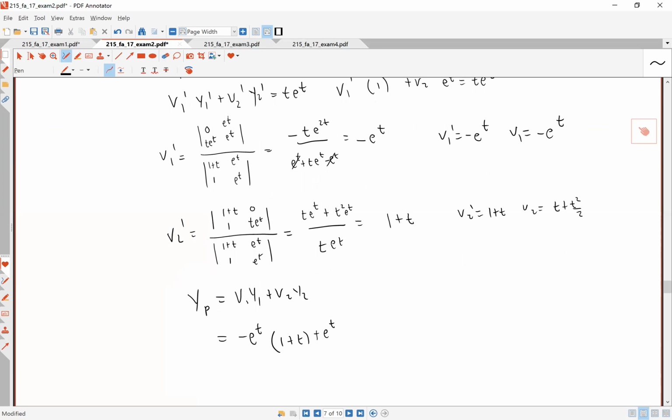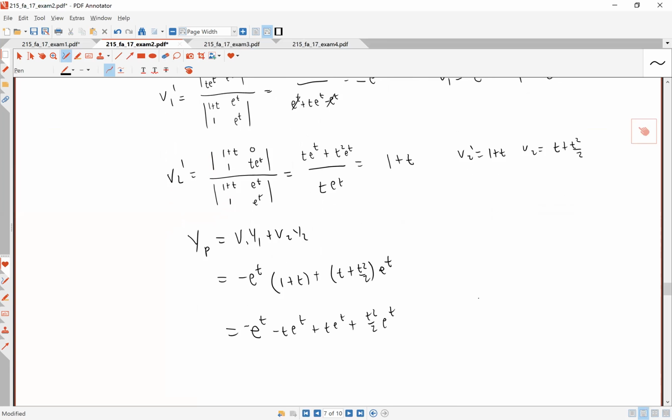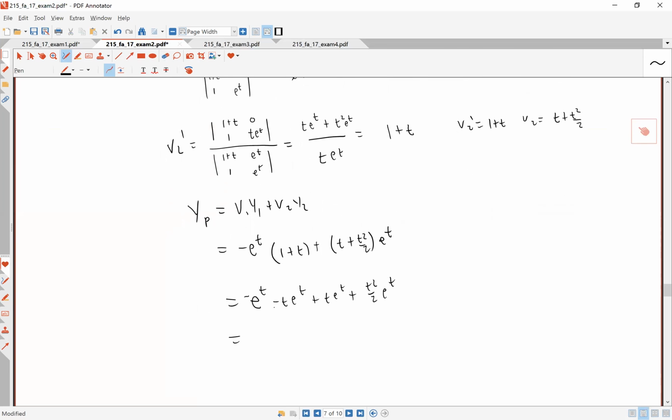Sorry, v2 is t plus t squared over 2 times y2, which is e to the t. It's negative e to the t minus t e to the t plus t e to the t plus t squared over 2 e to the t. Cancels, cancels. We're left with negative e to the t plus t squared over 2 e to the t.